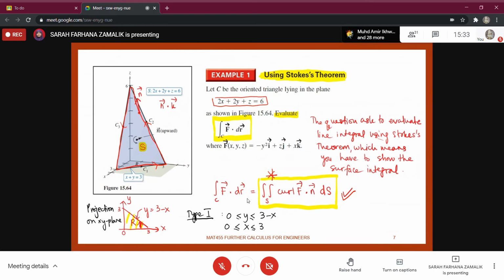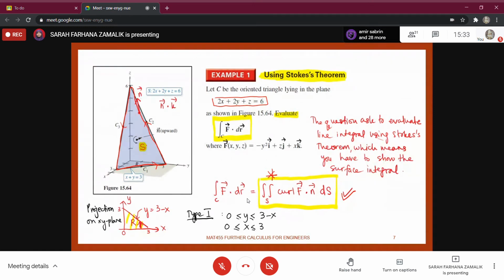How do you know this is also your surface S? Okay, as I told you earlier, use the right hand rule. Everybody has a right hand, so once again, do the action as shown earlier. So our C is curling inside your palm here. Our unit normal is pointing upward. So up here, this is the surface facing the positive unit normal.